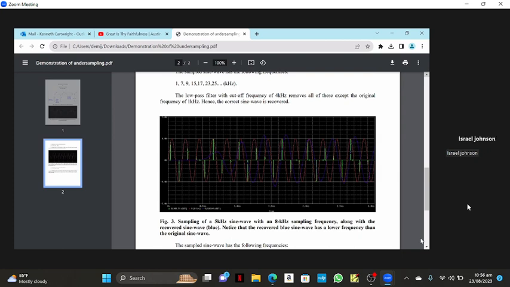Okay, FM, that would be 8,000, and then you have FS minus FM, that'll be 3,000. No, FM is not. What is FM, young man? 5,000, sorry.